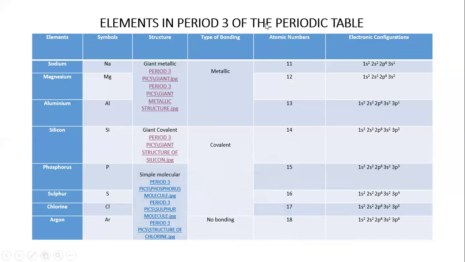Then after forming molecules, the molecules combine through what we call van der Waals forces of attraction. Has someone ever heard about van der Waals forces of attraction? Yes, someone has said yes. Oh, great, good.